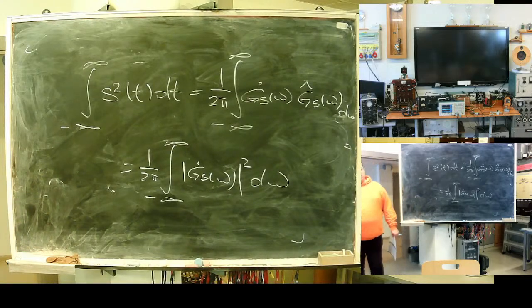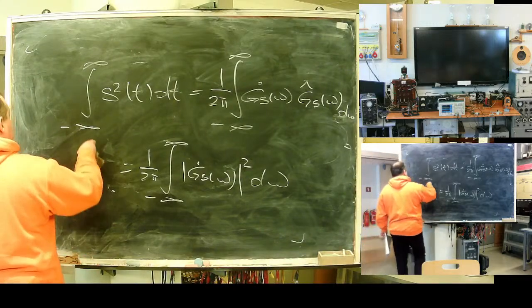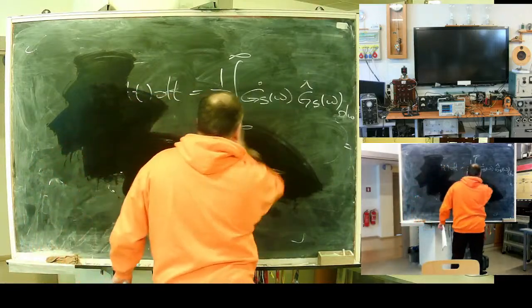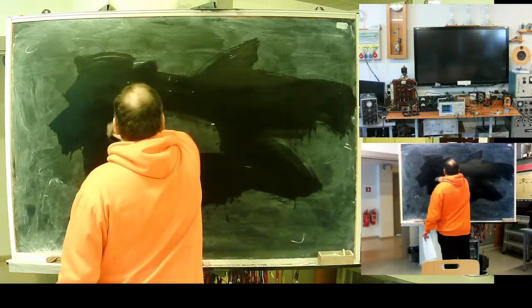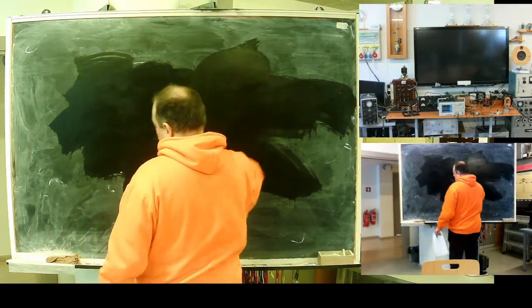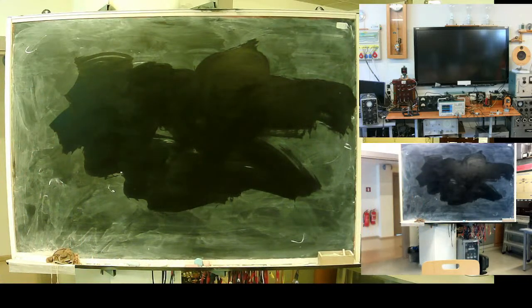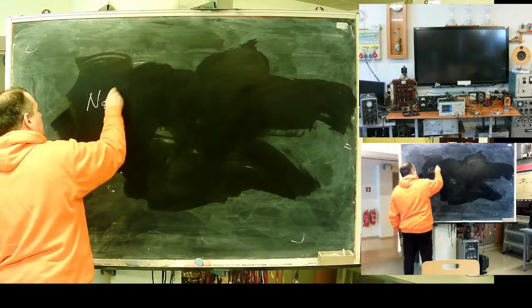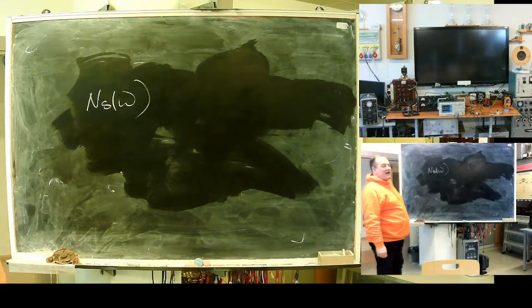On the basis of the Parseval theorem, one thing is introduced. Here is a problem. When we deal with real high frequency, we don't see voltage or current, we see energy. A special value, N_S, as a function of frequency. It's called the spectral density of the signal.